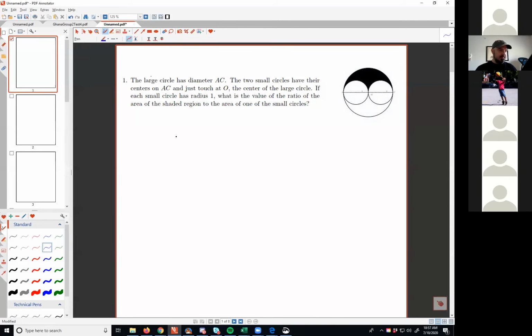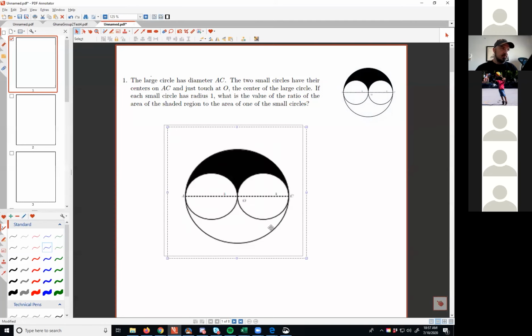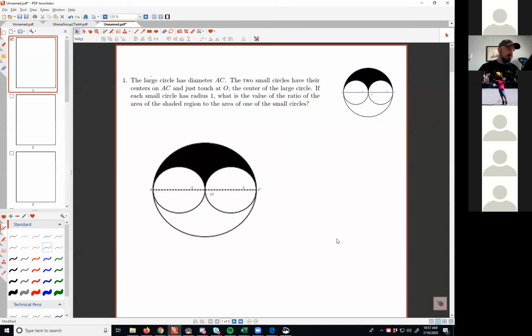I'm going to copy this here, make it a little bit bigger for us. So this whole big radius is 2. I'm just going to go ahead and compute the whole area. The big circle has area 4 pi.